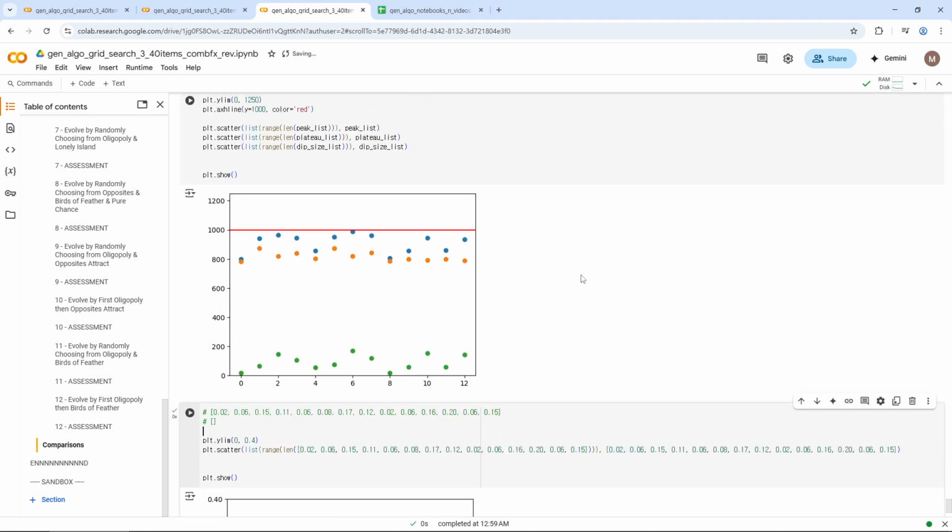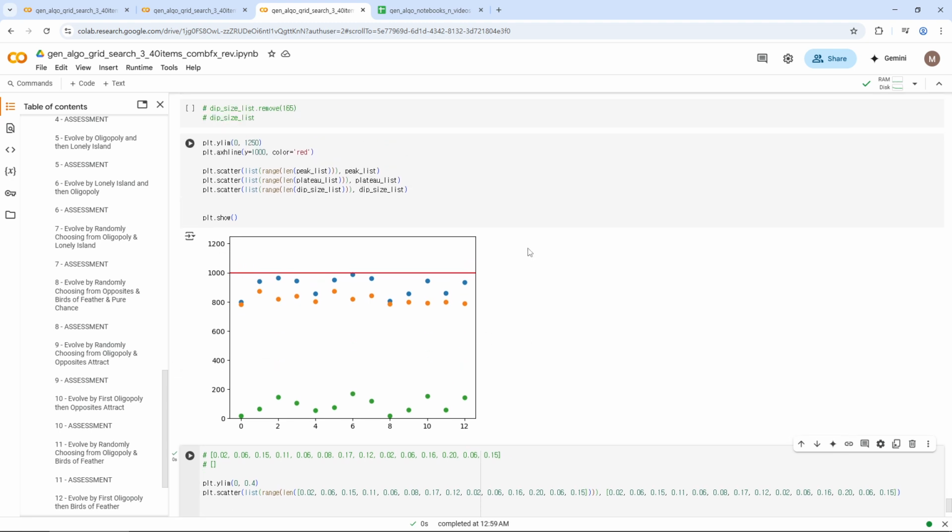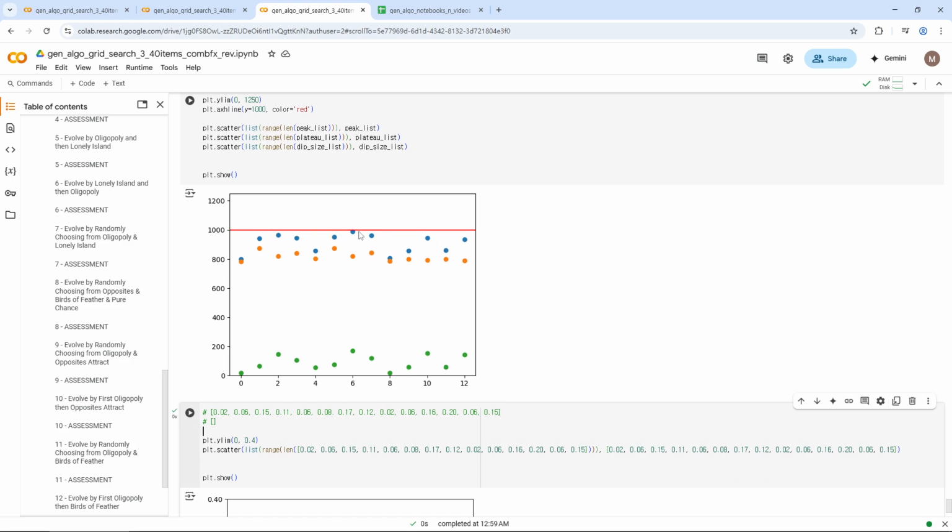So what we would like is not necessarily from all these combinations, but to come up with a combination of procreate functions that gives us quite high utility average peak and smaller dip sizes, or higher average plateau levels.